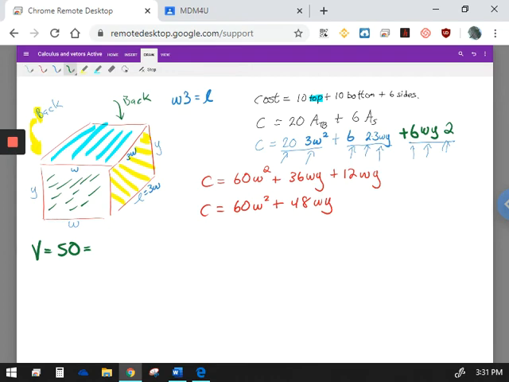All right. Okay, so the volume is 50, right? Well, figure out volume is height times width times depth, right? So it's y, I guess, times w times 3w.